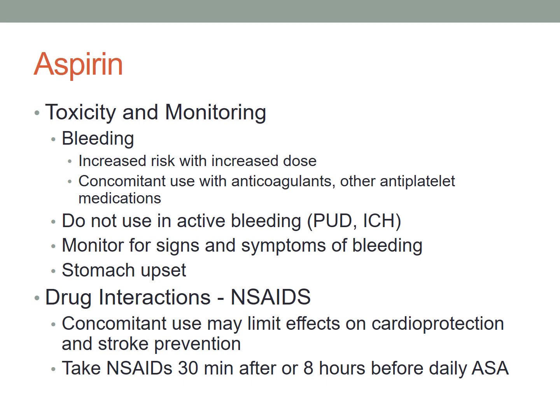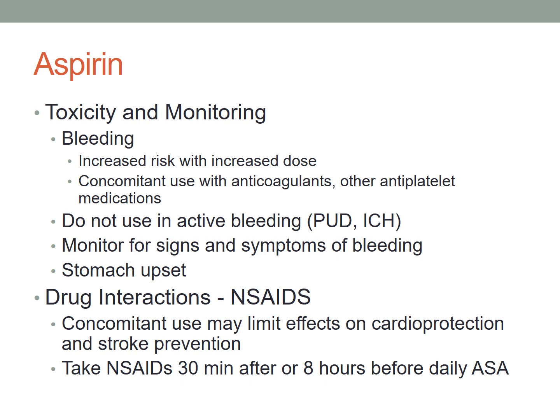So toxicity and monitoring, bleeding is going to be a common theme in this lecture, the adverse reaction of bleeding and monitoring for bleeding. The risk of bleeding increases with an increased dose of aspirin, and we also know that bleeding risk increases when we're using other anticoagulants or other antiplatelet medications in combination with aspirin.